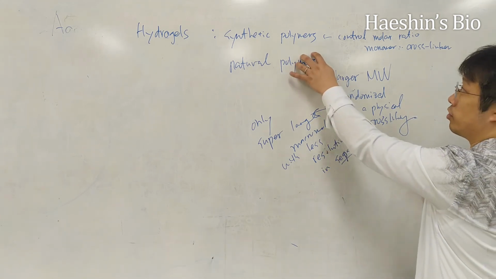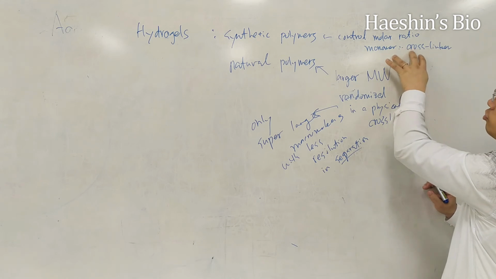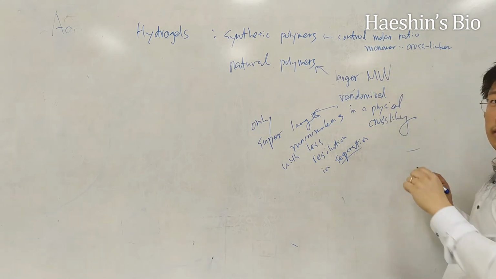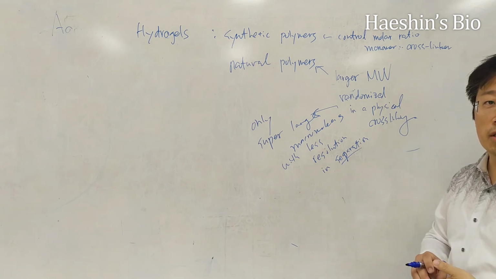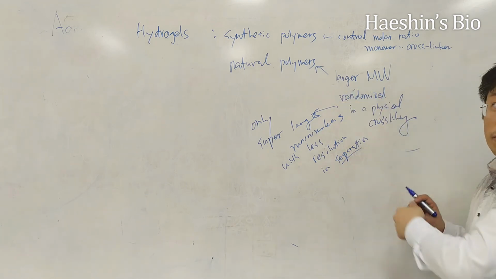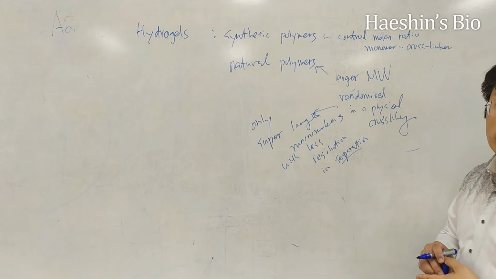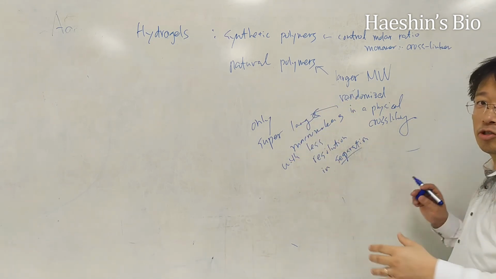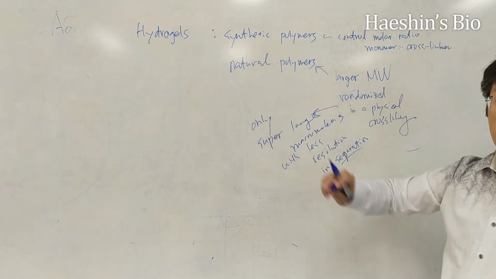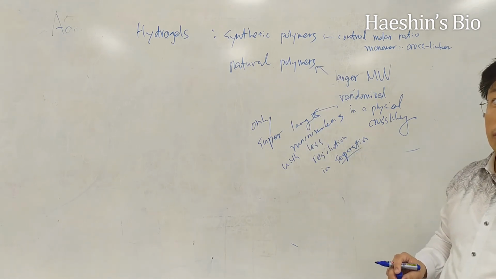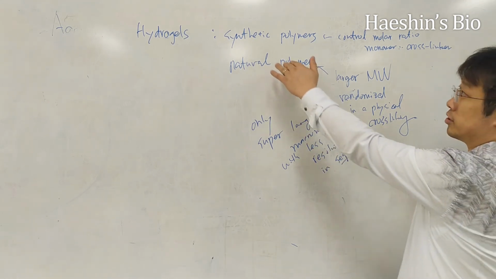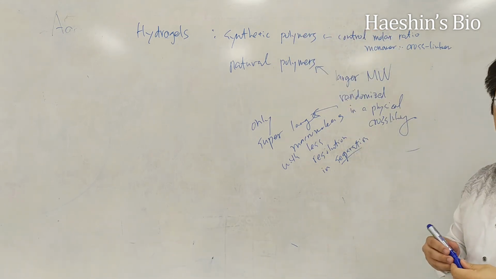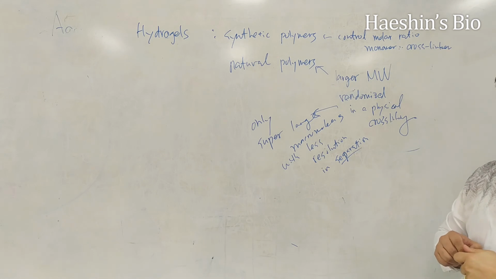With the synthetic one, you can basically change the ratio to 11 to 1 or 15 to 1 or 20 to 1, making the pore size very easily. But in this case, it's very difficult to control the pore size, so it only works when the molecules to separate are themselves very large. Otherwise, it's difficult to separate. So the synthetic one is actually more popular than the natural polymer hydrogel in this case.